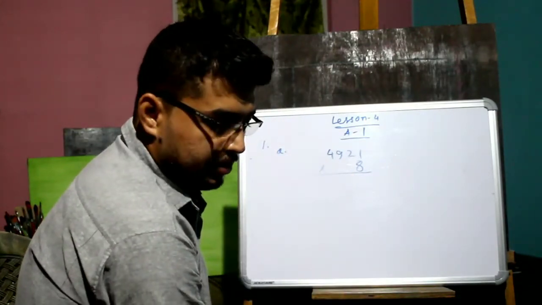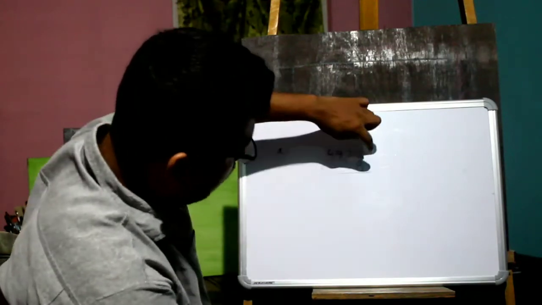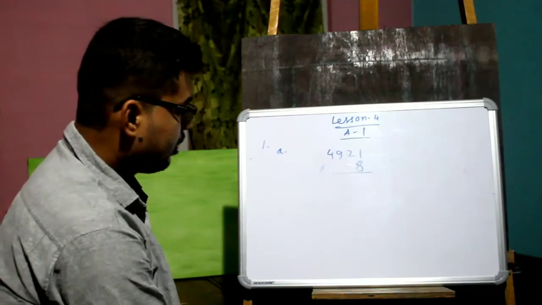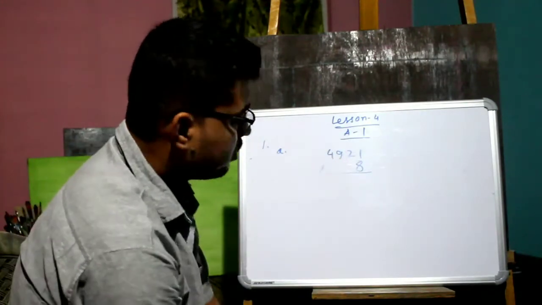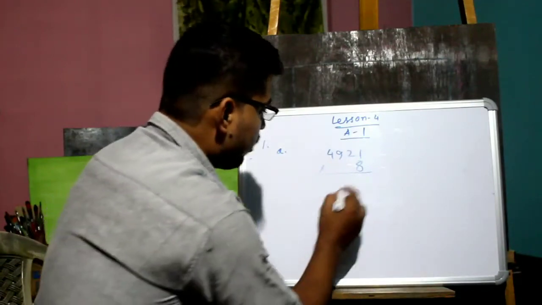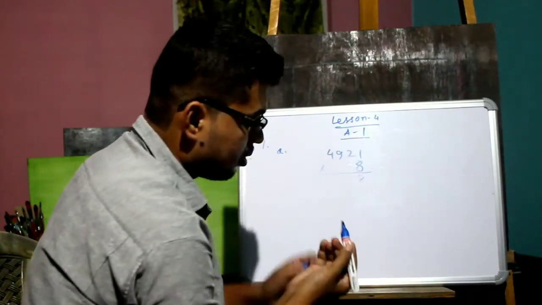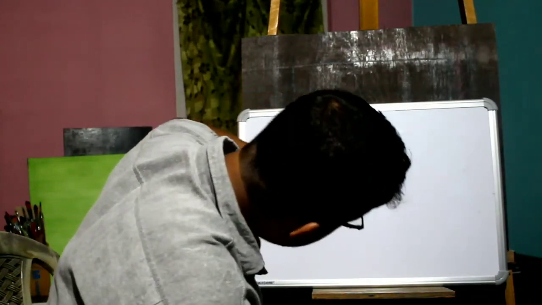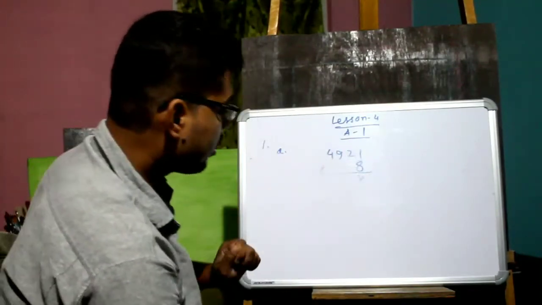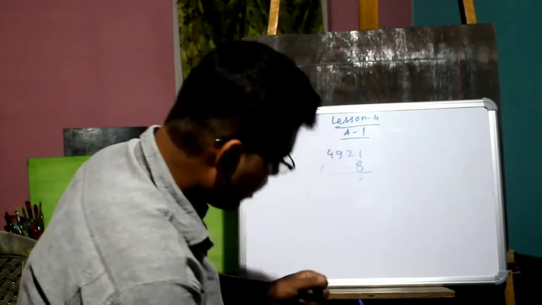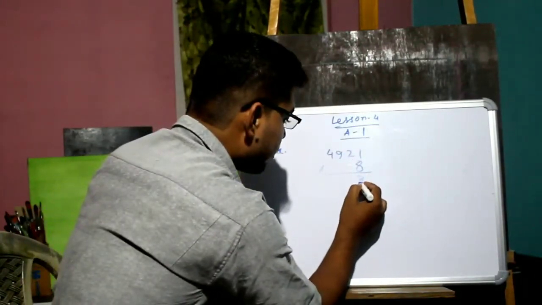How will we multiply? 8 into 1, 8. 8 into 2, 16. 8 into 9, 72. 8 into 4, 36. So 8 into 1, 8.